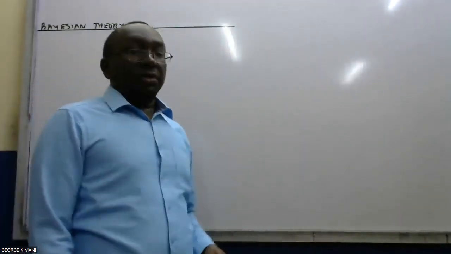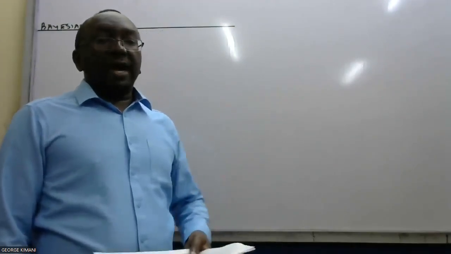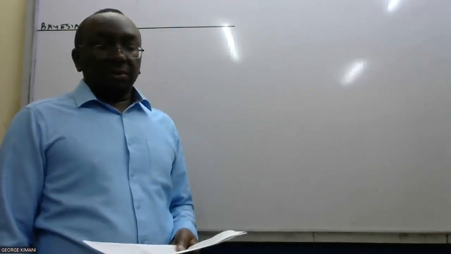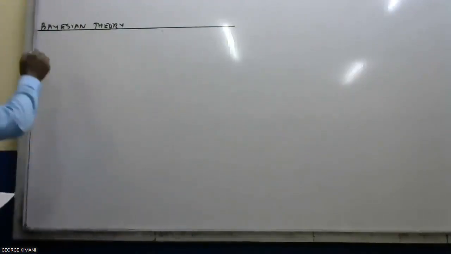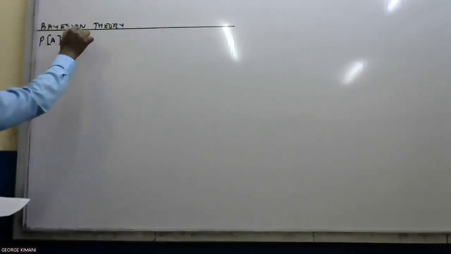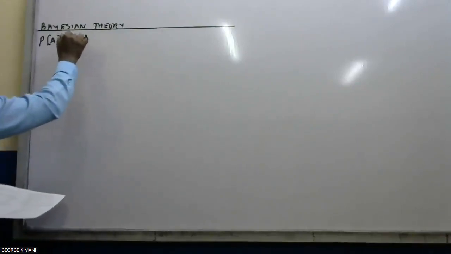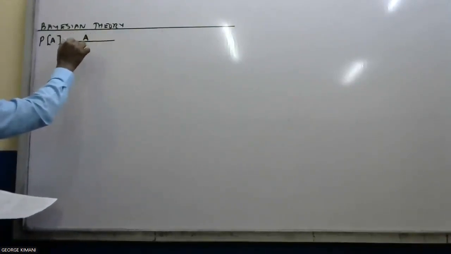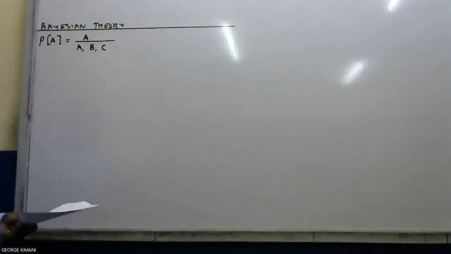So as you remember, we said that probability is equal to desired over the possible. So what we desire here is, the probability of getting A, you can first of all look at it this way. We desire to get A. And the possible is that there is bag A, there is bag B, and there is bag C. Those are the possibles.